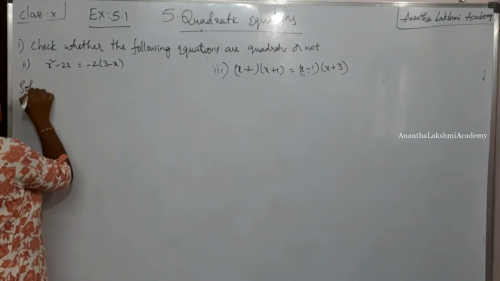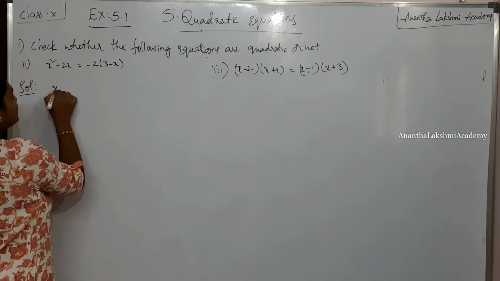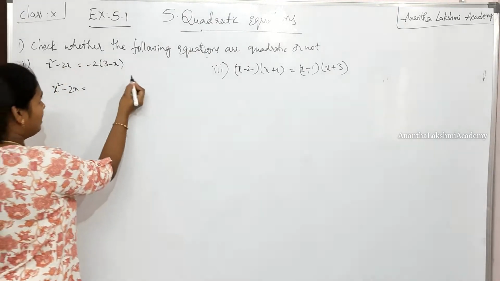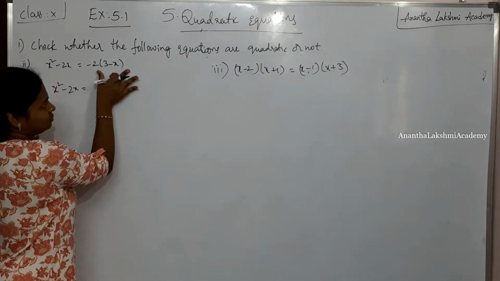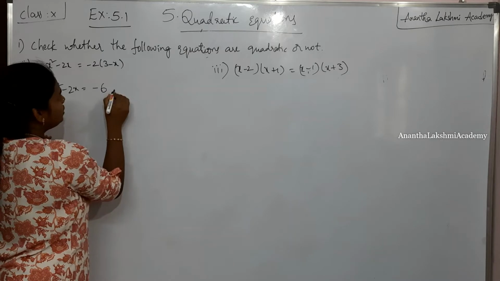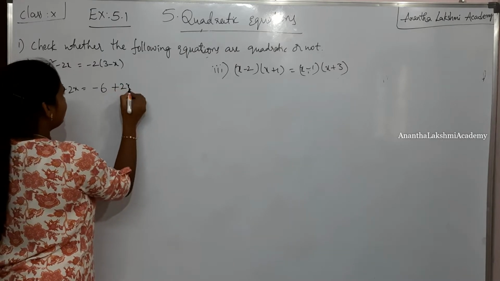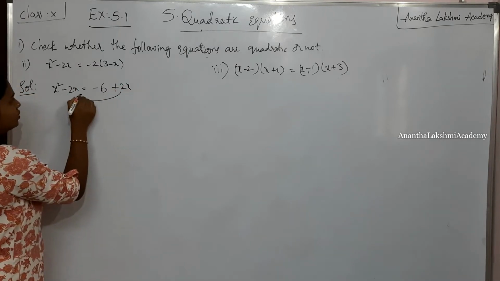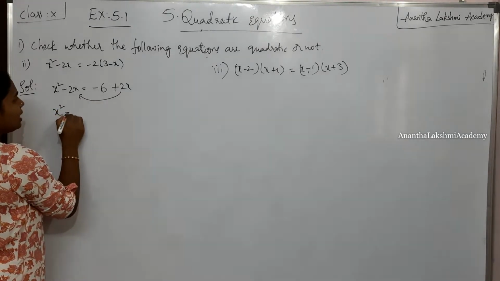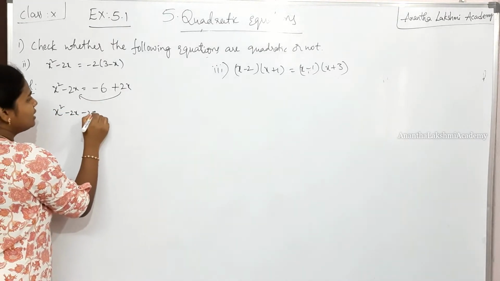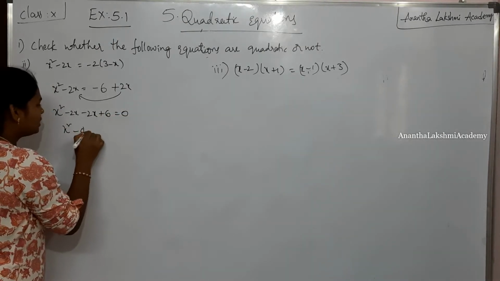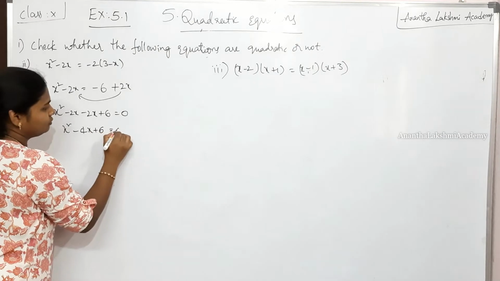The second bit in the first question is x square minus 2x is equal to minus 2 multiplied with this part which is there. So minus 2 into 3 is minus 6. Minus 2 into minus x is plus 2x. Alright, now get this 2x the other side and 6 also the other side. That becomes x square minus 2x plus 6 is equal to 0. X square minus 4x plus 6 is equal to 0.